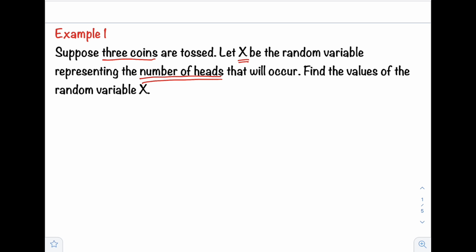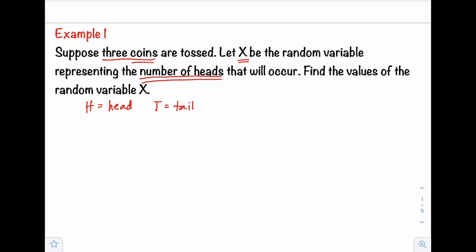Okay? So first, mag-assign muna tayo ng letters sa ating mga possible outcomes. So since magtotoss tayo ng coin, let H represent the head, then si T naman para sa ating tail.